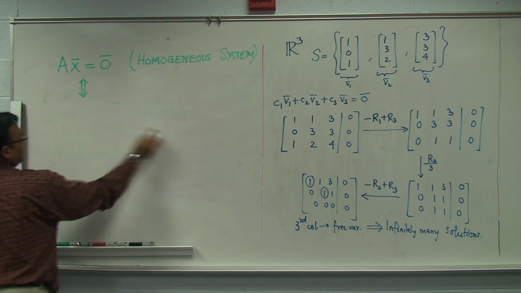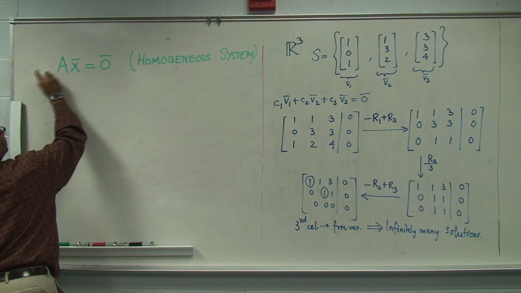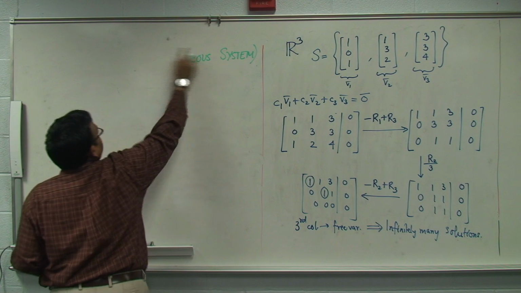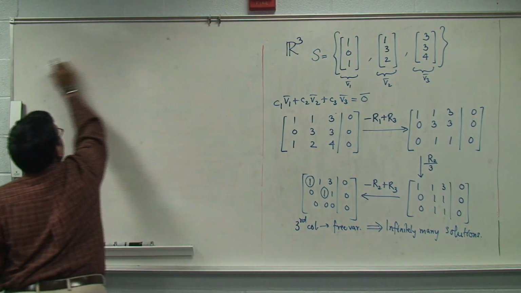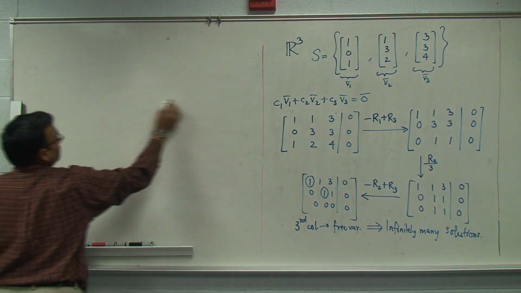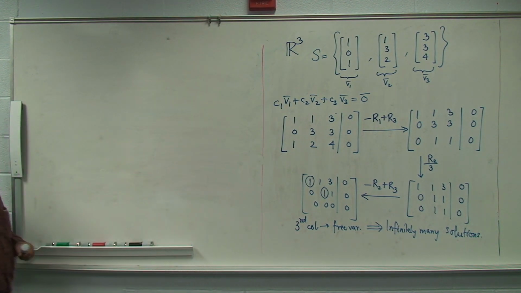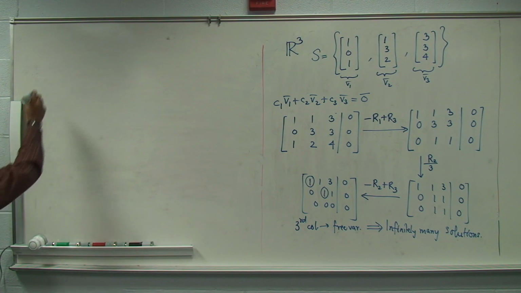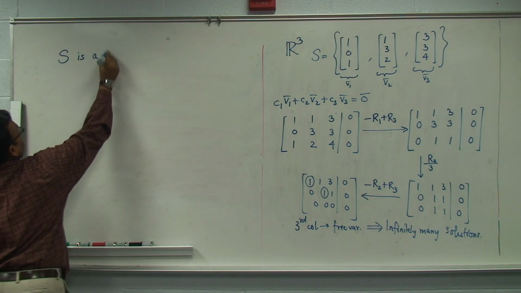So the question is, how are they dependent on each other? Like, what combination is producing me the 0 vector? So we have found that S is a dependent set.